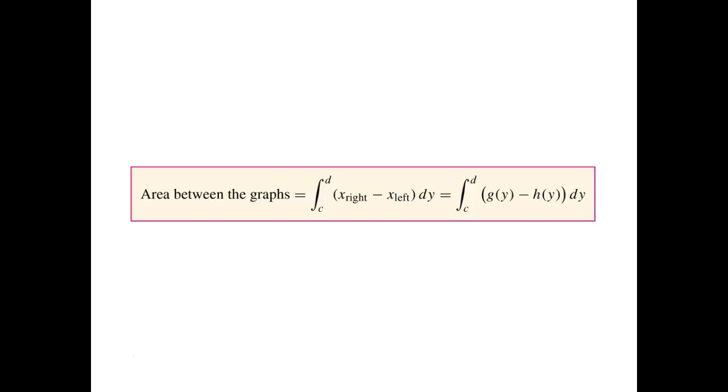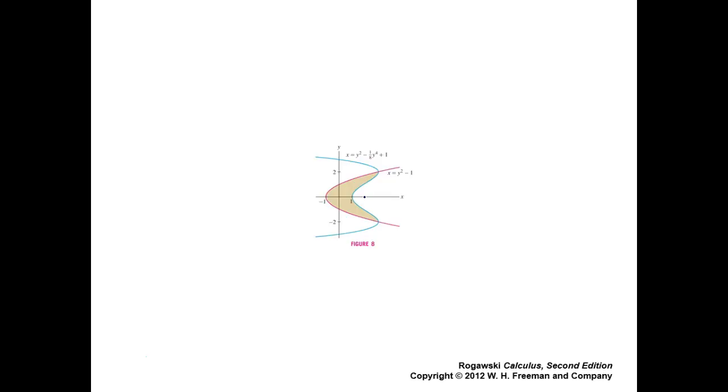I'm sorry, G of y is always to the right of, just like we did for that, but then at the top and bottom, now we do right and left, the greater minus the left, as long as G of y is always greater than or equal to H of y. So, with that in mind, let's do this one.